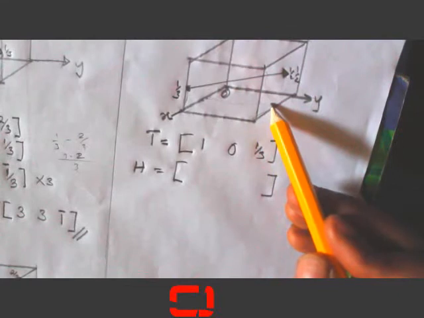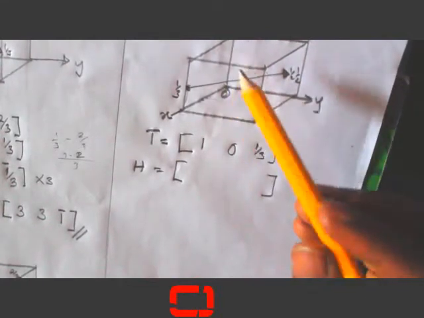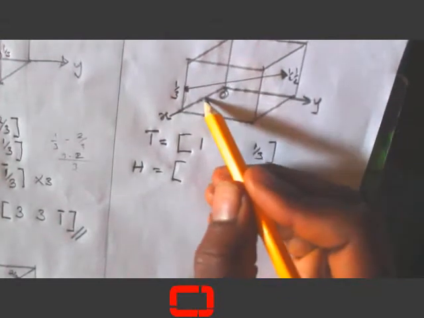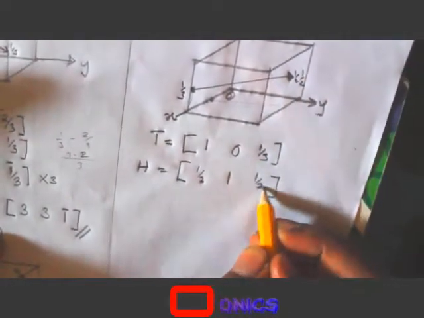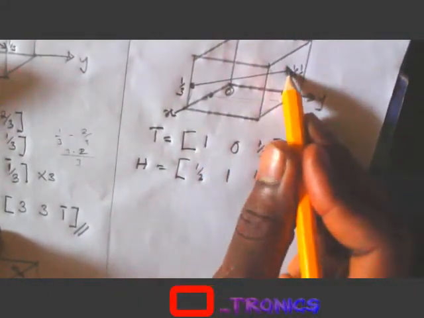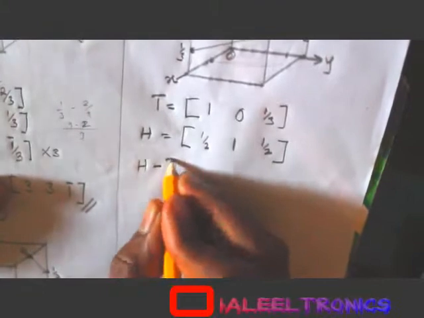So here is half, and here is 1, and here also is half. Half, 1, half. Yes. So for X is half, for Y is 1, for Z is half.